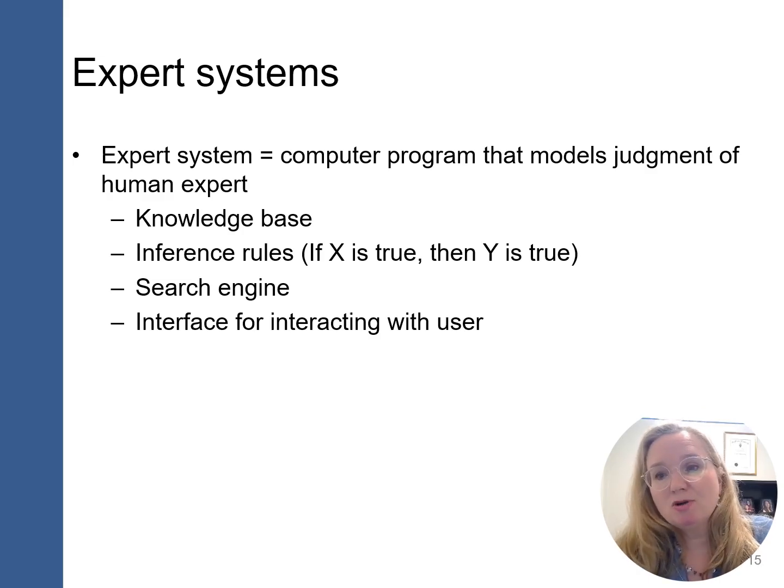So if emotions can be challenging in making good decisions and solving problems, then you might want to use a computer program. And so, a computer program can figure out the knowledge base of what it needs to know, and then it can learn some rules, like if X is true, then Y is true. Those are like inference rules. It might have a search engine, and then it might have an interface for interacting with the user, allowing it to make judgments.